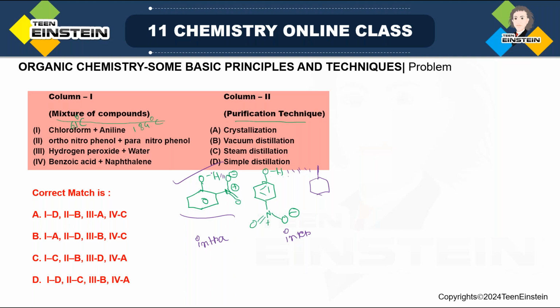That means steam distillation, C is matching with 2, 2 is matching with C, 1 is matching with D. So first one is D, second one is C. It is matching with the last option, isn't it?